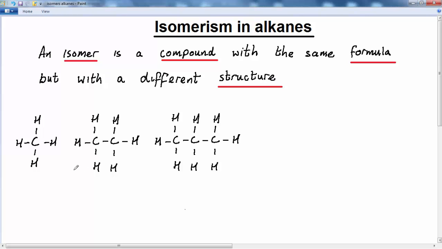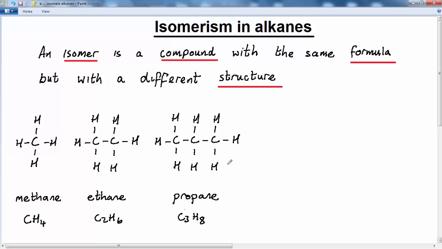If we look at the first three members in the alkane family, that's to say methane, ethane and propane, they have the formulas CH4, C2H6 and C3H8. And these are what we mean by their structures.